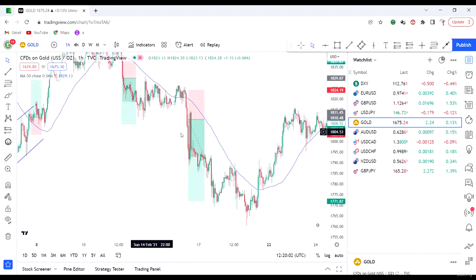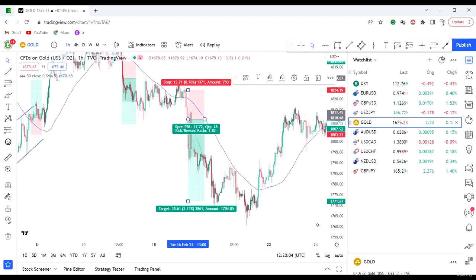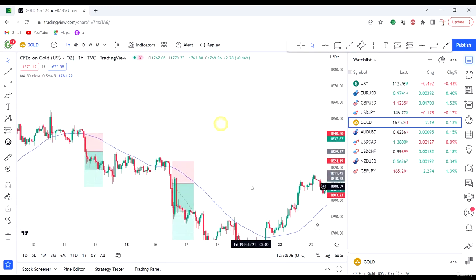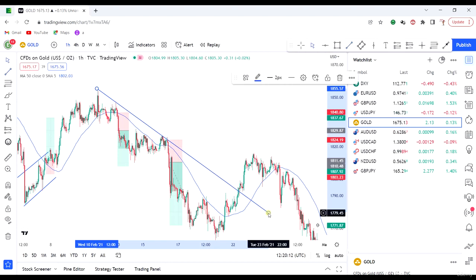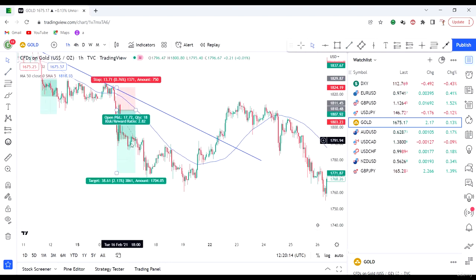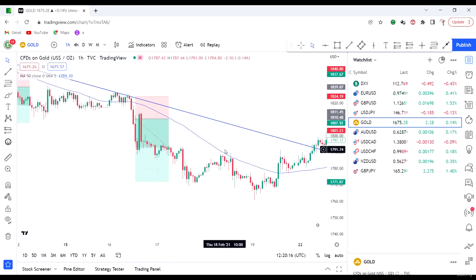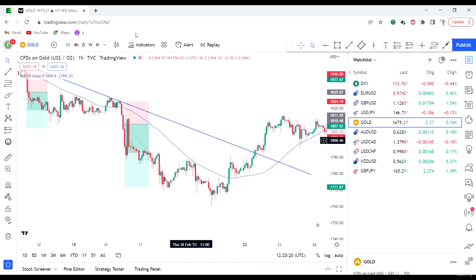So now we have the other rule that says if we observe a clear trend, and based on what I can observe here, I think I can see a trend. Okay, so as you can see here, it came and tested this and gave us another signal here to enter.